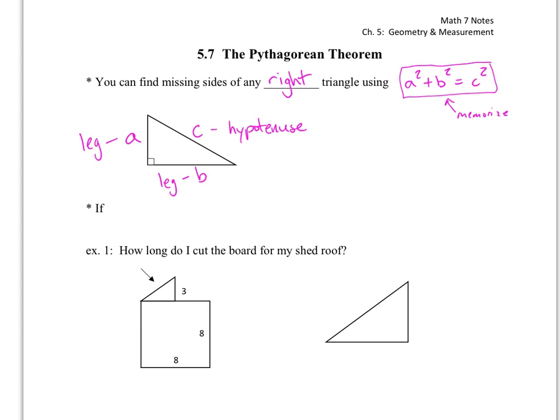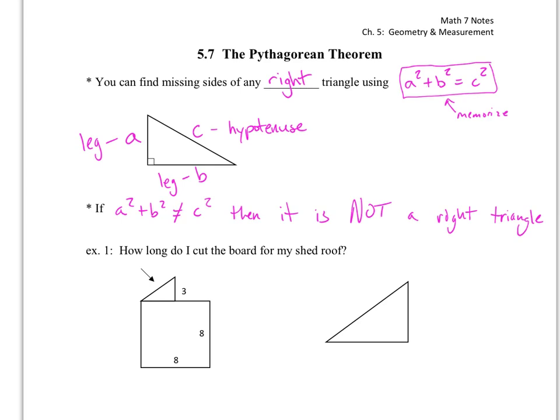So if you do this formula, you use the letters, you get numbers for A, B, and C, and you plug them in, and you have A squared plus B squared, and you have C squared, and it doesn't equal, then it is not a right triangle.